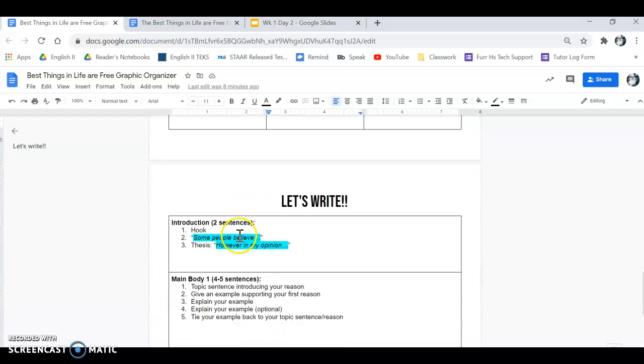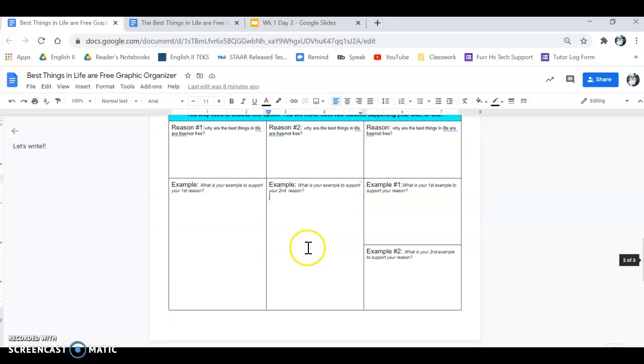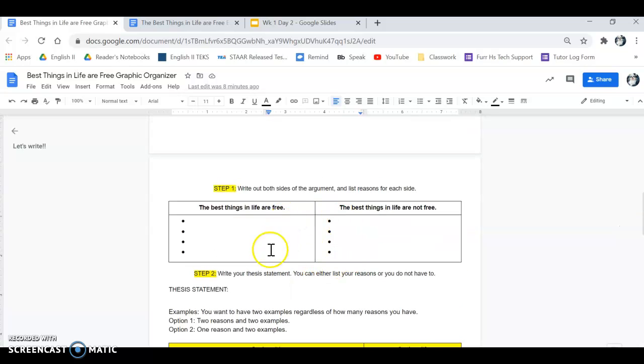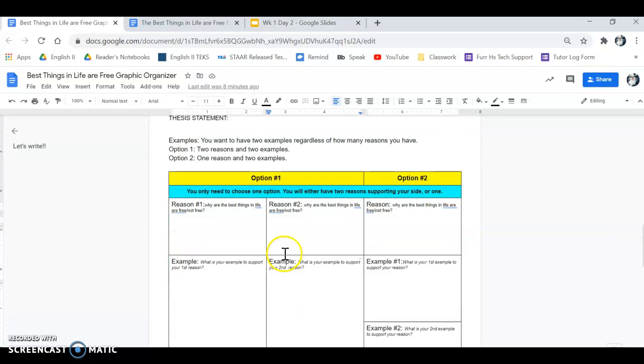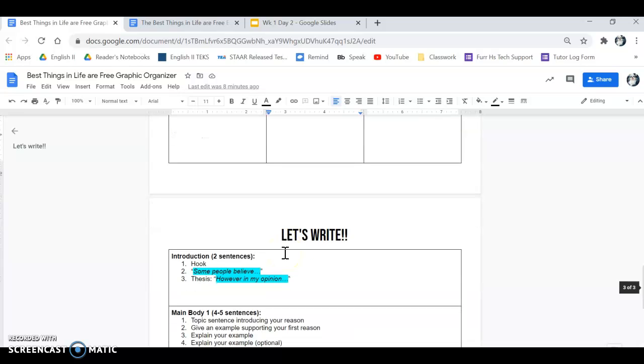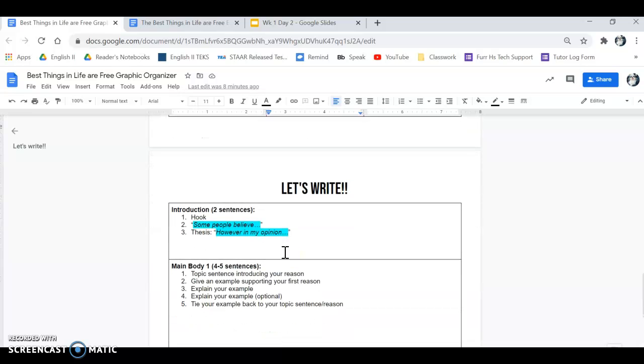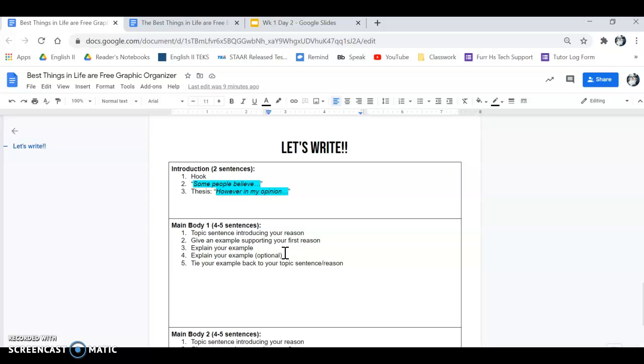Then you start writing your hook, some people believe, and your thesis statement. Your thesis statement, guys, is up here, the one that you wrote right here. Hook notes we have already gone over; they are in your notebook. Then you go through the main body sentence by sentence. That's what page 3 of this graphic organizer is for.